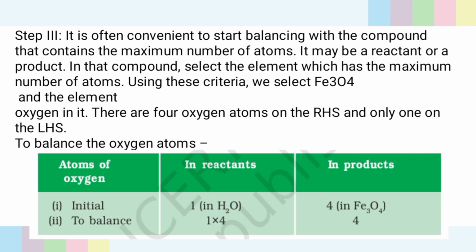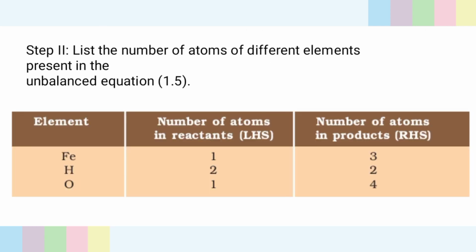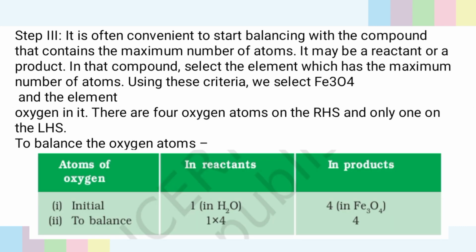So as we saw, oxygen here has more number of atoms, and we have to select the compound which has more number of atoms to be balanced. So we have oxygen 4, that is the maximum number of atoms. So there are 4 oxygen atoms on the RHS and 1 oxygen atom on the LHS.